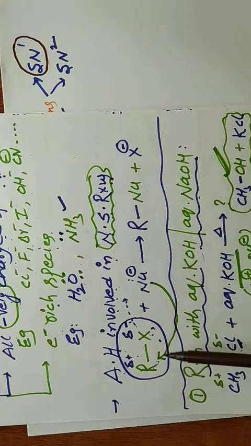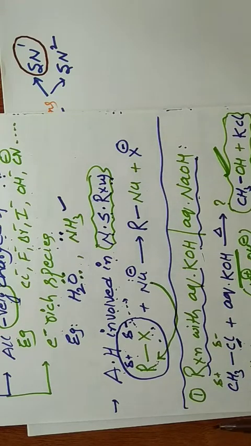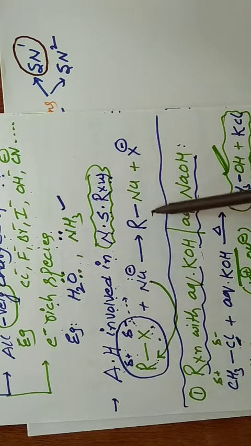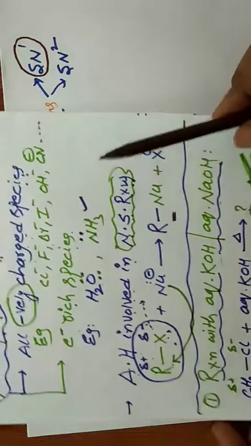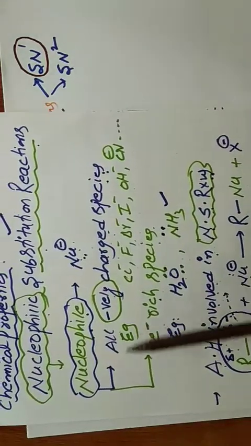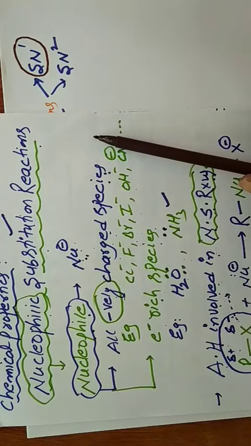That's why alkyl halides are polar molecules. Also, halogen atoms are the best leaving groups, ready to break that bond. So the nucleophile attaches to the alkyl group and we get the final product R-Nu. This is the meaning of nucleophilic substitution reactions.